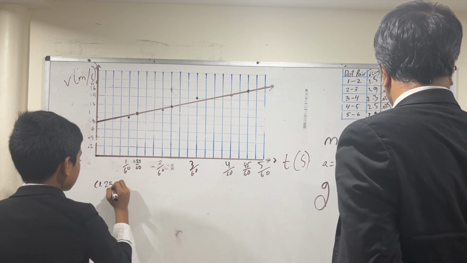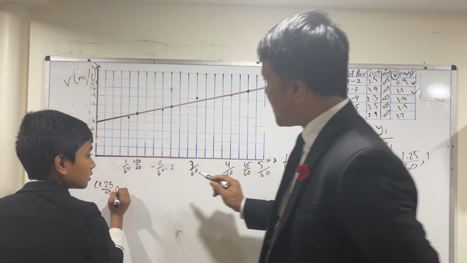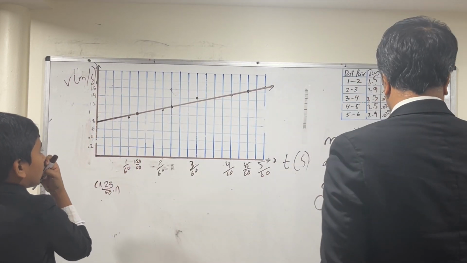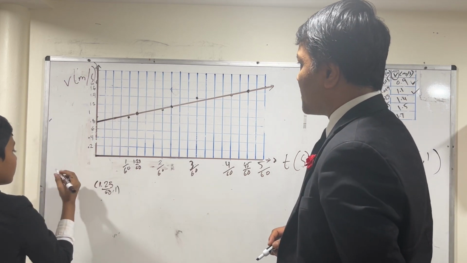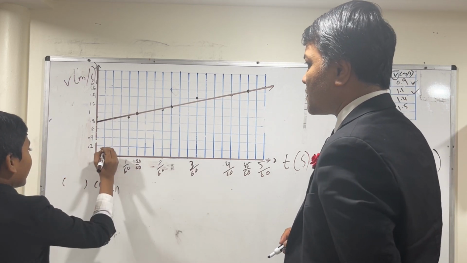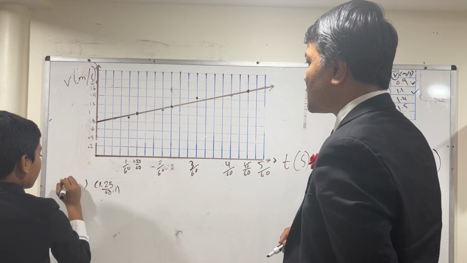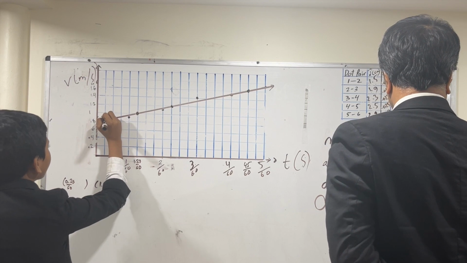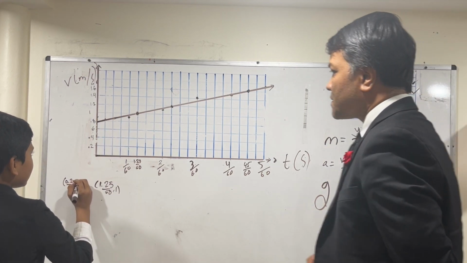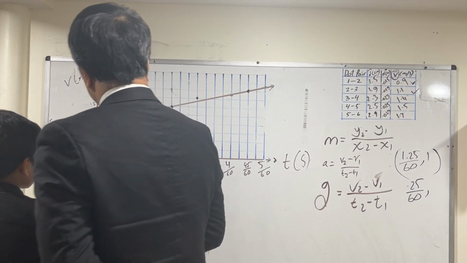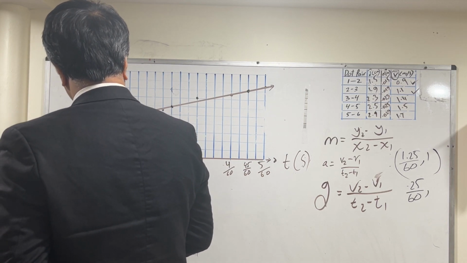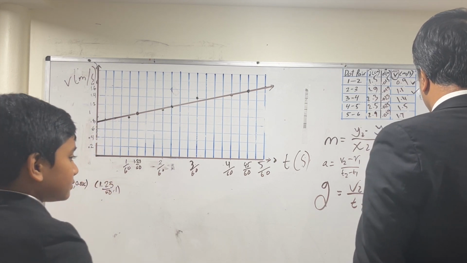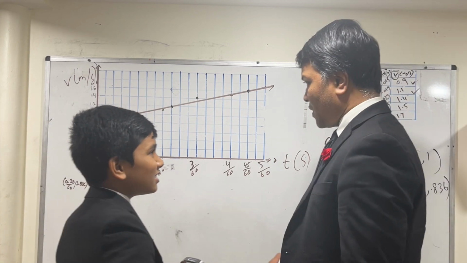Then we have here, let's say 0.25 over 60, comma, since this is a little over 0.8, I'll say 0.836. Maybe that will do the job. How about 0.84?